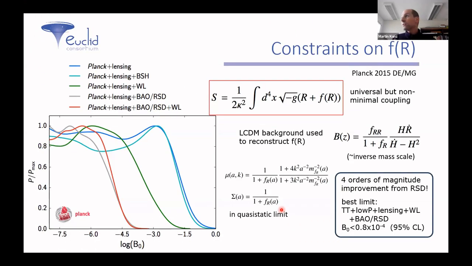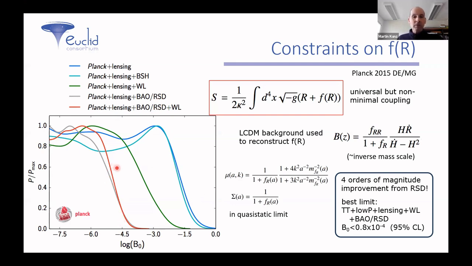Okay, and just very briefly, before I move towards the conclusions, how well do we do for specific benchmark models like the f(R) models that I showed earlier? Here is a slide from the Planck analysis for some specific f(R) model with the parameter B0. B0 is 0 in lambda CDM, and you would probably expect it to be order unity in this specific model, but you can see that already current constraints are at the level of about 10 to the minus 4. Especially redshift space distortions really push you down.